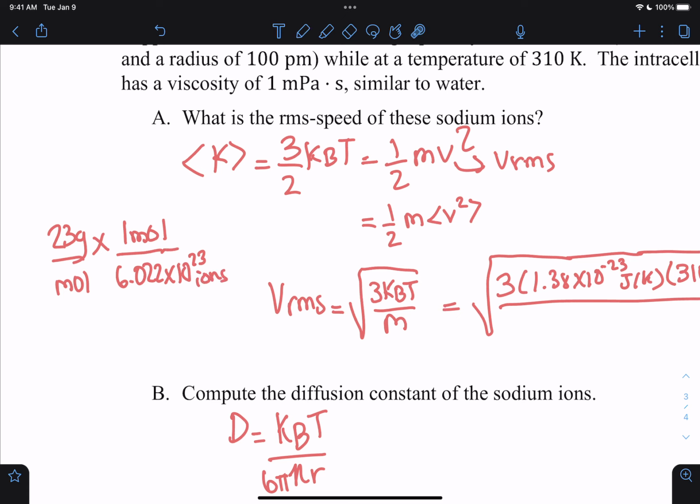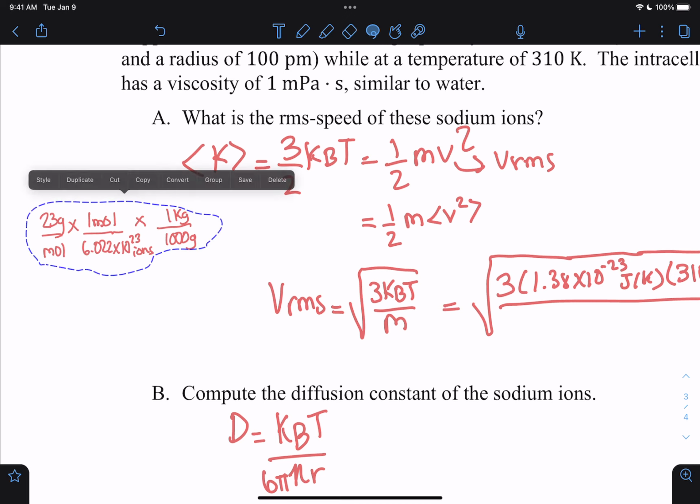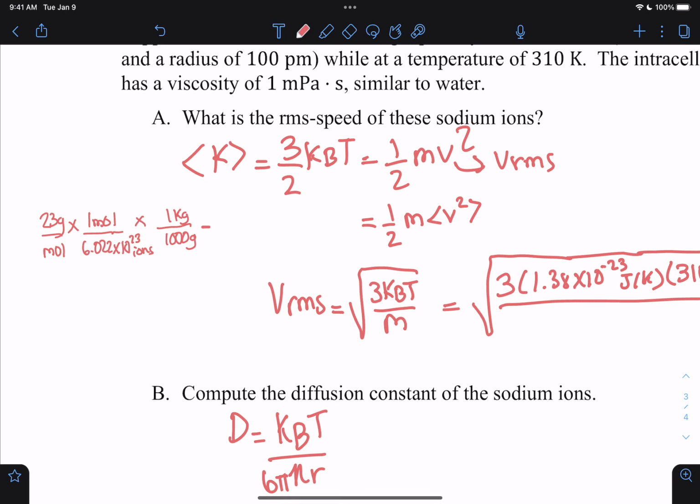And at the same time, remember that everything has to be in SI units. So we can't have grams, we have to have kilograms. There are 1,000 grams in 1 kilogram. If you do this part right here, that should give you your mass per particle.